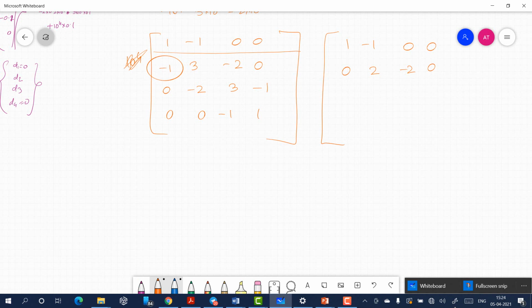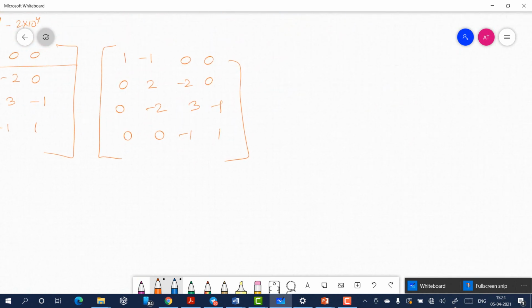So let me just write minus 2, 3, minus 1, 0, 0, minus 1, 1. And now let me operate on this. So now I want to remove this element. So I'll just multiply this thing with 1 and add it again.